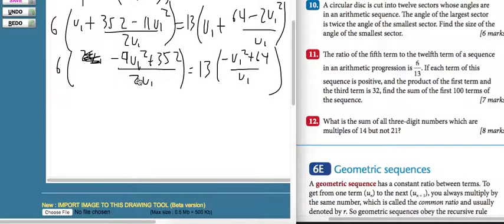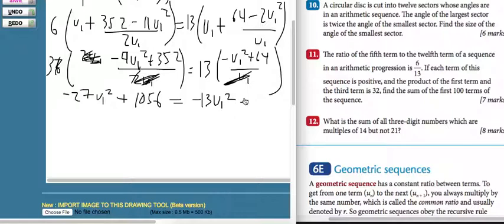Now let's see what we can cancel. We can say this is going to be 3 up front, and then we can multiply both sides by u1, cancel this. Now let's see what we can do. We distribute this 3 in, so we have negative 27u1 squared plus 3 times 352, that's going to be 1056, equals negative 13u1 squared plus 64 times 13.